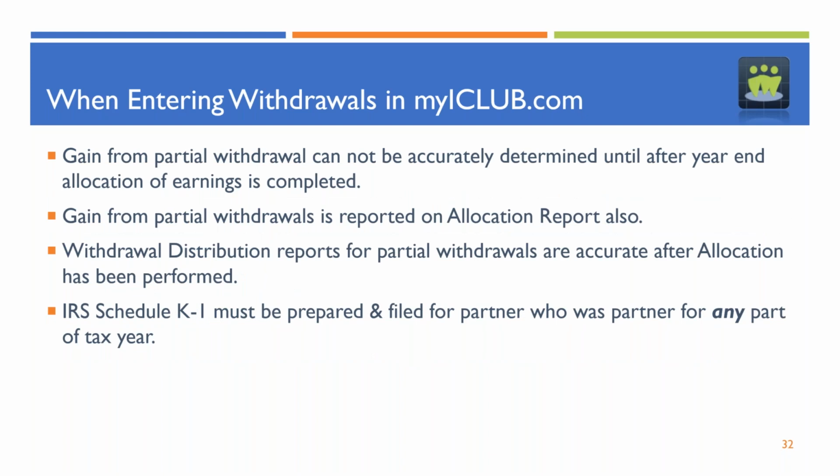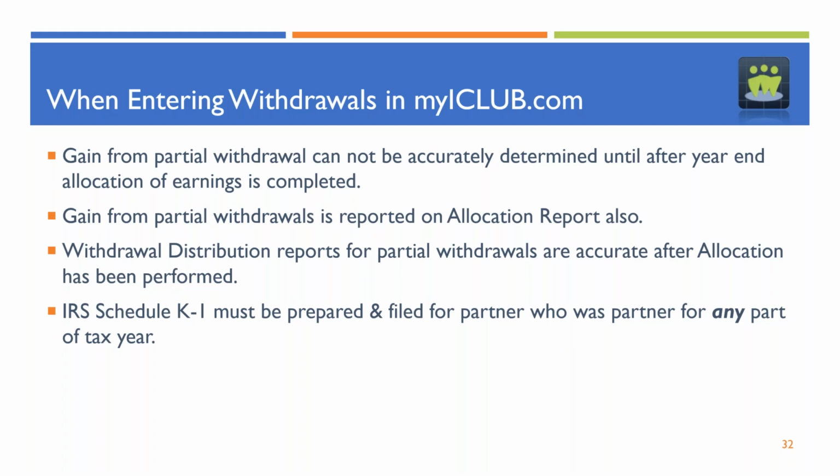Okay, the other thing is because the cost basis to use for a partial withdrawal is the year end, you can't accurately determine the gain from a partial withdrawal, if any, until after the allocation of earnings is completed at the end of the year.